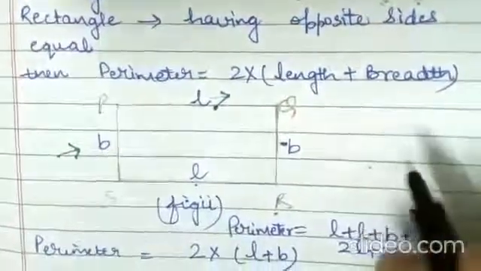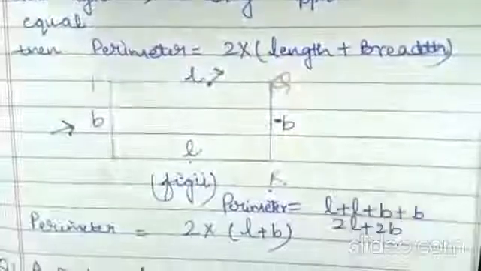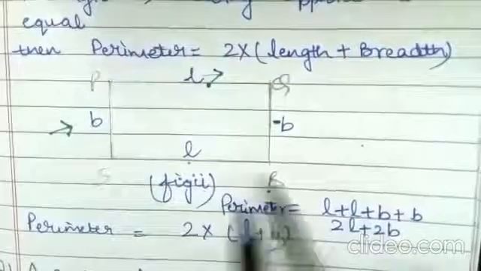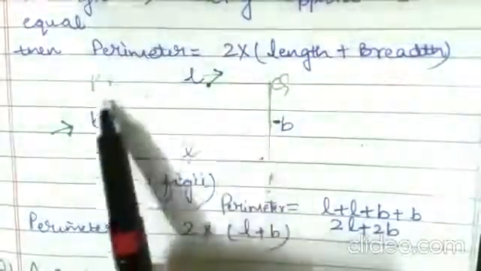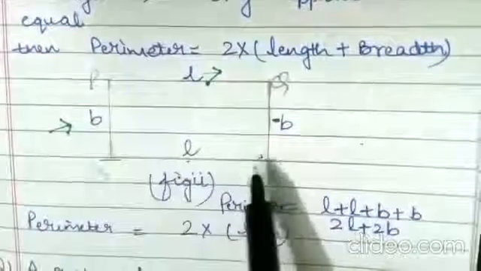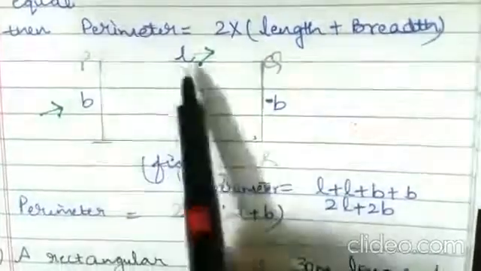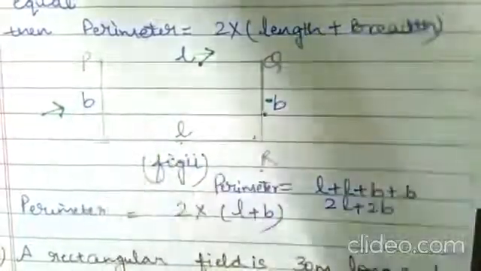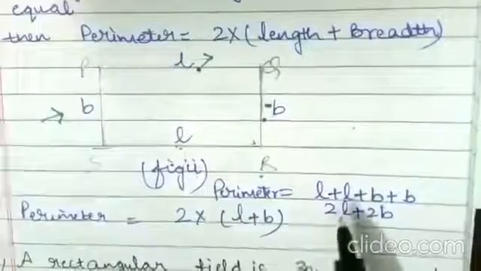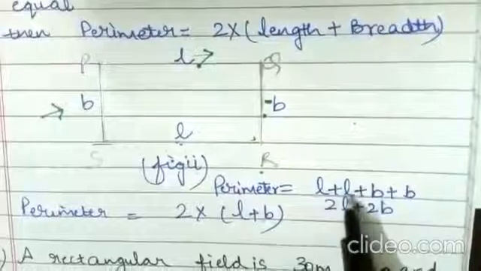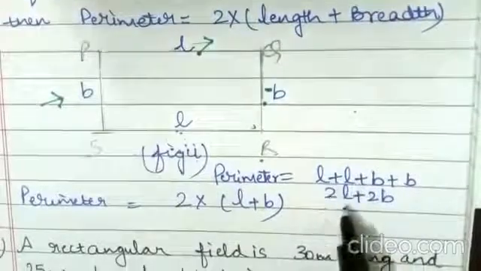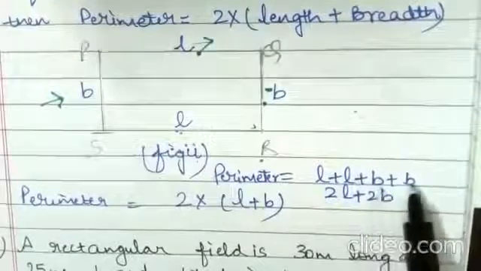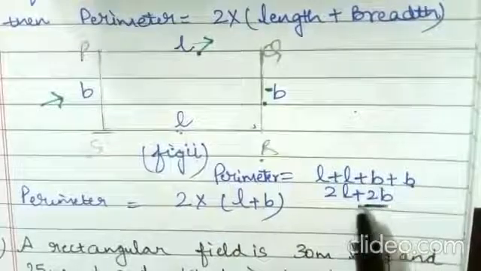So if we find the formula for the perimeter, we will add all the sides, that is L plus L plus B plus B. Now L plus L will give you 2L, B plus B is 2B.